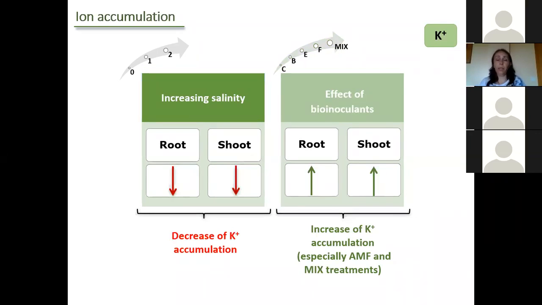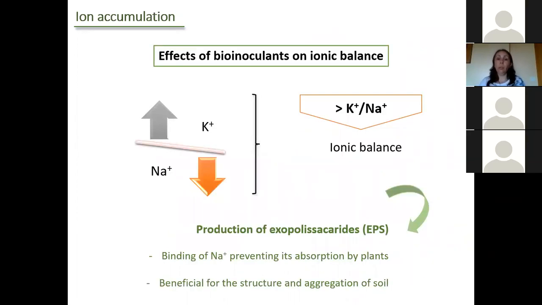In terms of potassium, which usually competes with the sodium to go inside cells, we observed with increasing salinity a decrease in the potassium accumulation, but once again, the bioinoculants increased the accumulation of this ion, particularly with the treatments AMF and the mixed schemes. So this means that bioinoculants contribute to the ionic balance of sodium and potassium inside plant cells.